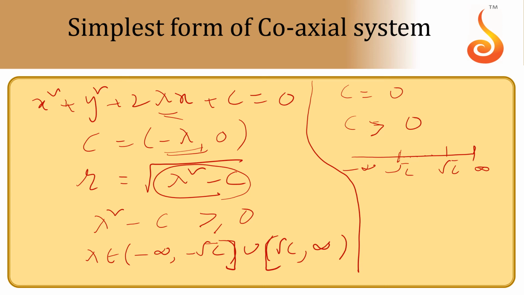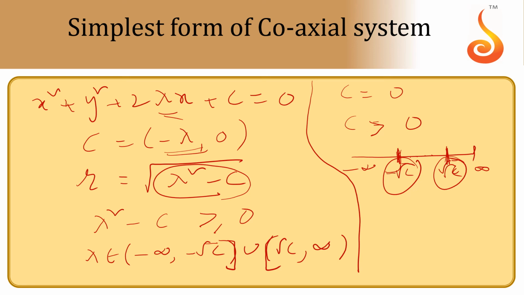Now if you observe, in one case, when c is greater than 0, these are the last centers. What is the speciality of these two values of lambda? For minus root c and root c, they are point circles.